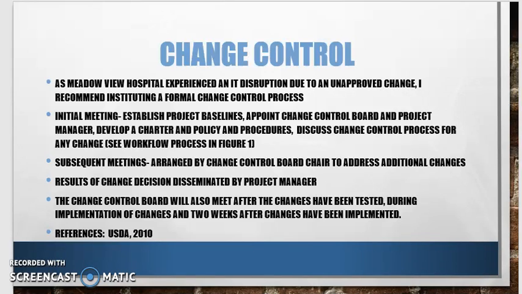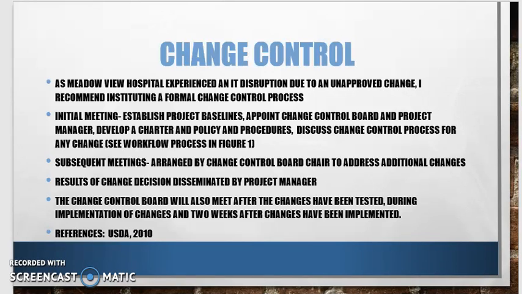And then you define the procedures that need to be followed to meet the requirements of the change management process. And then you're going to institute the change control process, and I'm going to show you a workflow about that in a minute. The subsequent meetings after the first meeting are going to be decided by the change control board chair.